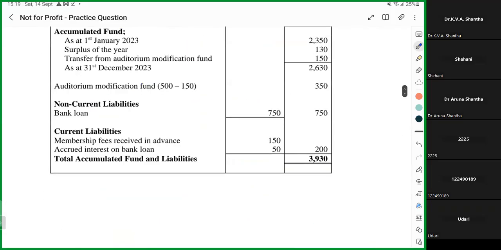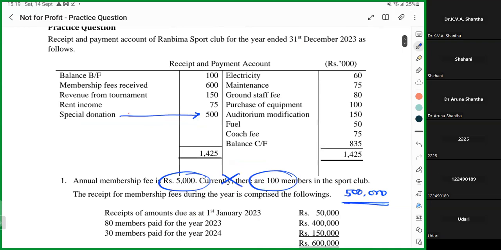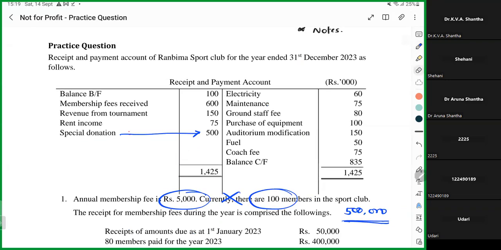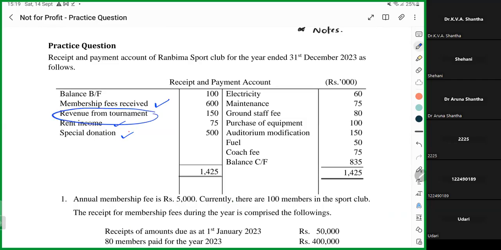From the debit side of the receipts and payments, we have considered membership fees, rent income, and donation. Then you have revenue from tournaments, 150.